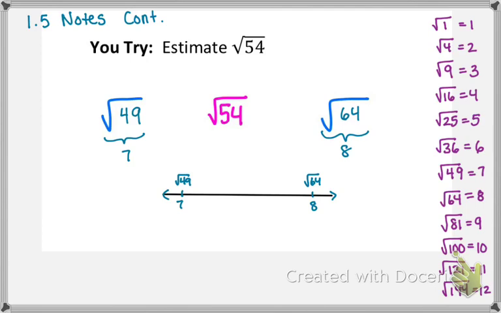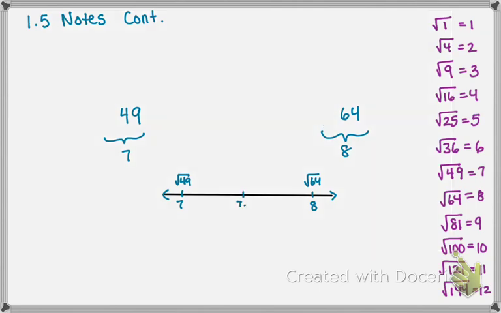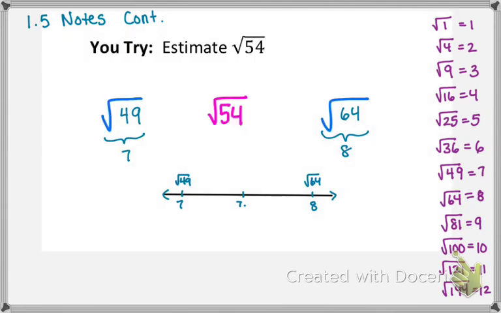And so if I add 7.5 to 49, that's going to give me 56.5. So in between 7 and 8 is roughly the square root of 56.